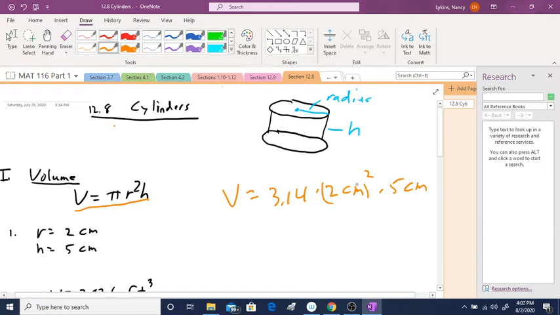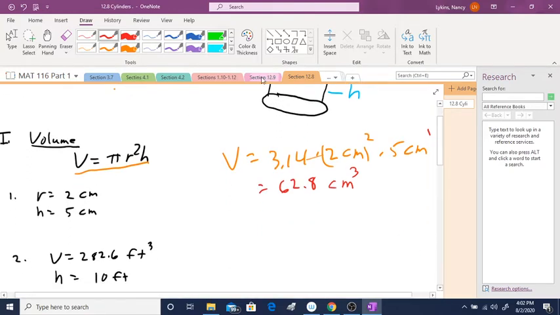So 2 squared is 4, times 5 is 20. Then 20 times 3.14 comes out to 62.8. Since I've got centimeters squared times another centimeter, that's why it's centimeters cubed.